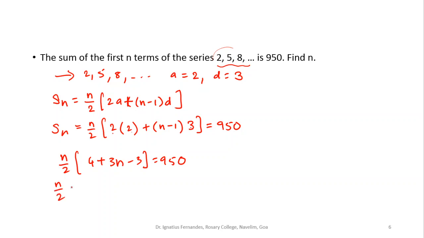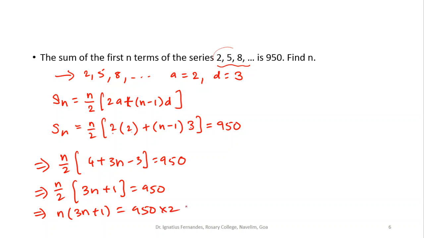So I have n upon 2 into (3n, and 4 minus 3 is plus 1), equal to 950. What I can do is cross multiply this 2 to the right side. So n into (3n plus 1) is equal to 950 into 2.